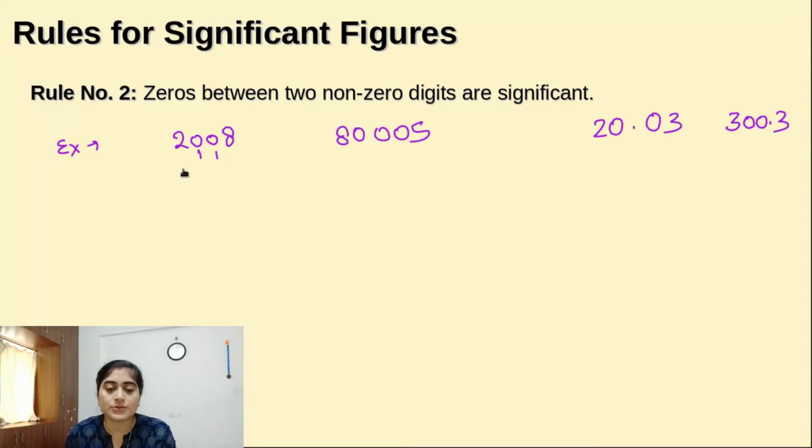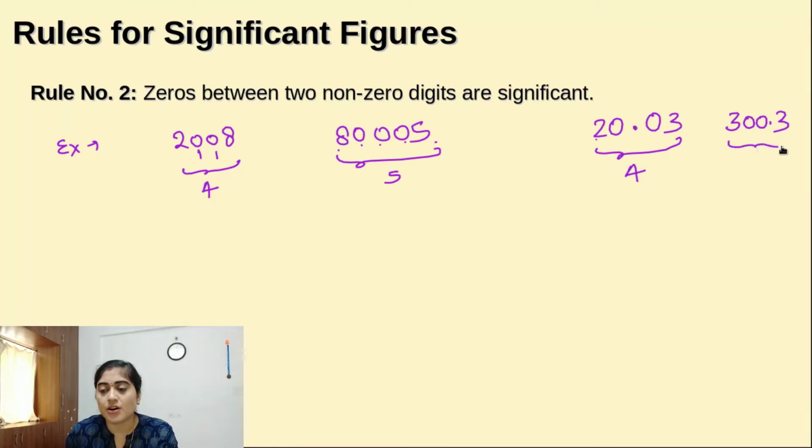So in this figure, all 4 digits are significant digits. Here all 5 digits are significant because these 3 zeros come between two non-zero digits. Here there are 4 digits. Decimal is there, but still they are between two non-zero digits.